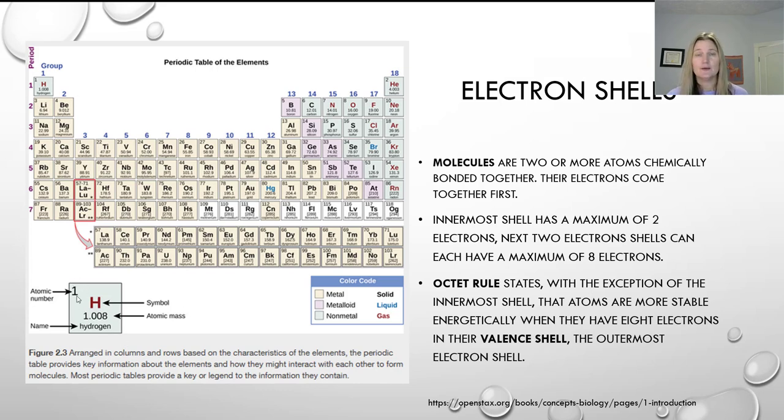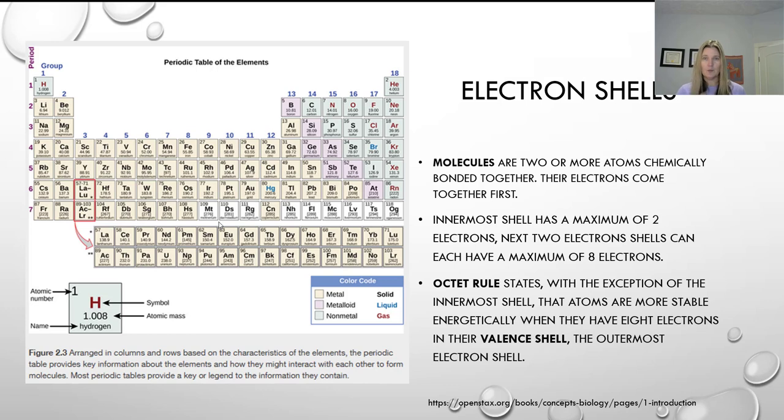Now, if this was a neutral atom of a neutral charge, zero charge atom of hydrogen, then we would have one proton and one electron. Okay. Now, when we're talking about the electron, remember the electron is circulating the nucleus.